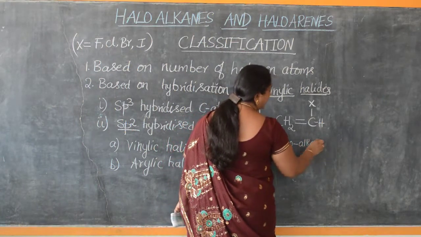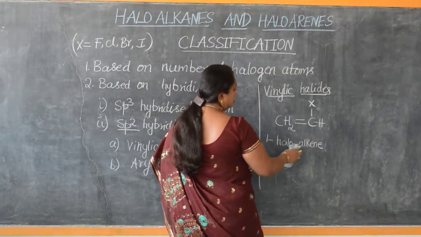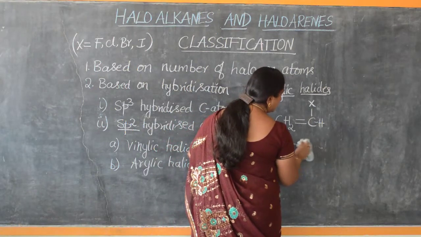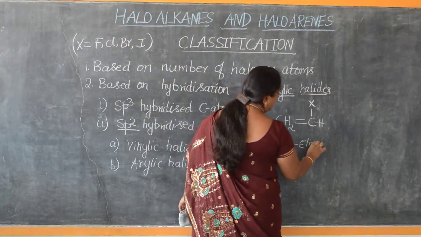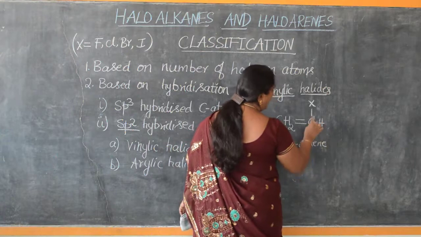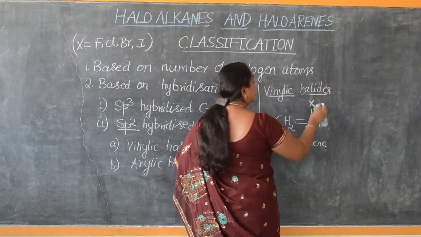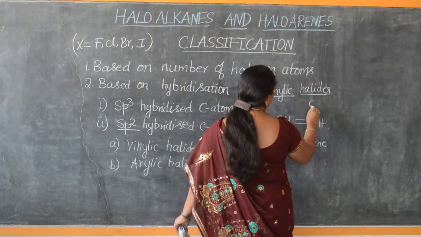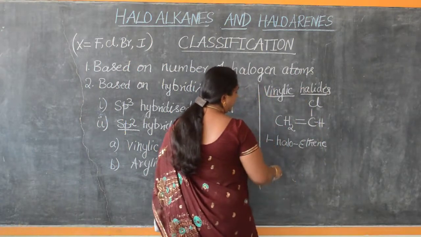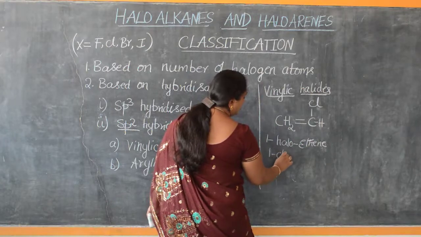This is a general name. And which alkene is this? Because it has 2 carbon atoms, we can call this ethene. 1-haloethene. Now, let us replace this X with Cl, with chloro. Therefore, the name becomes 1-chloroethene.